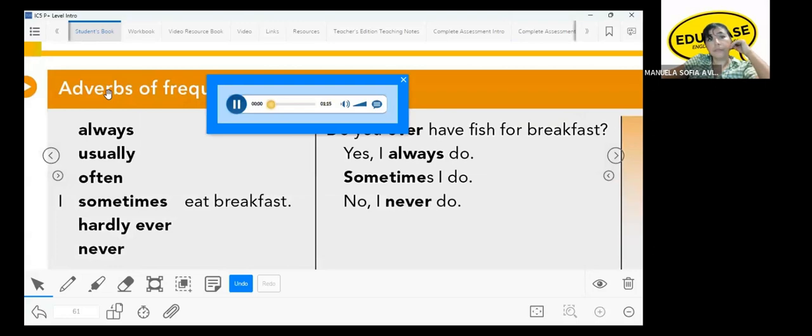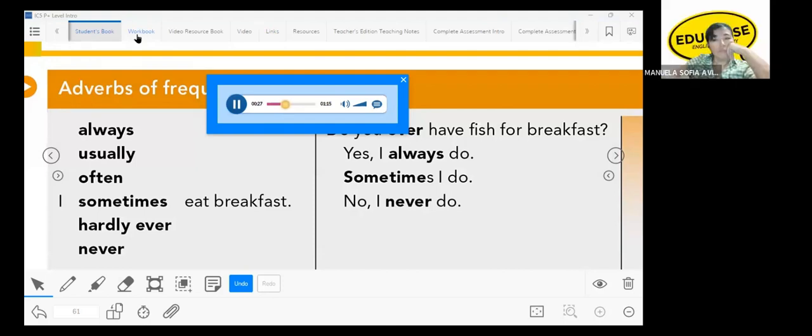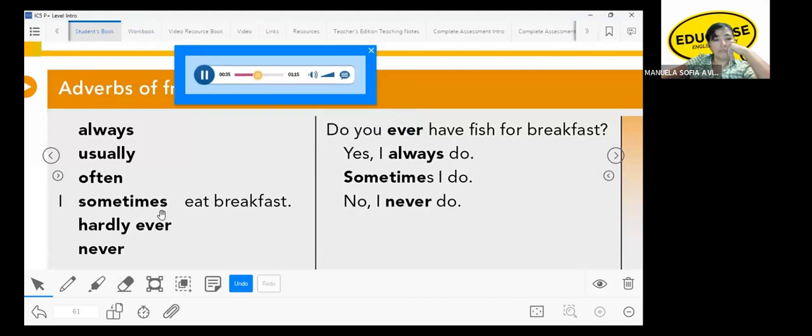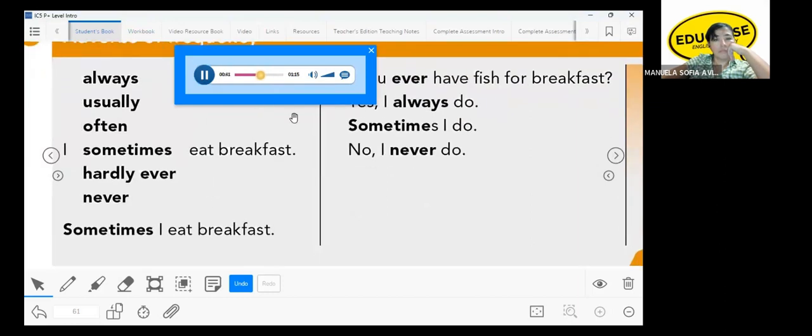Page 61. Exercise 7. Grammar focus. Adverbs of frequency. I always eat breakfast. I usually eat breakfast. I often eat breakfast. I sometimes eat breakfast. I hardly ever eat breakfast. I never eat breakfast. Sometimes I eat breakfast. Do you ever have fish for breakfast?